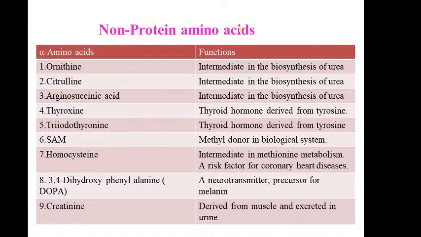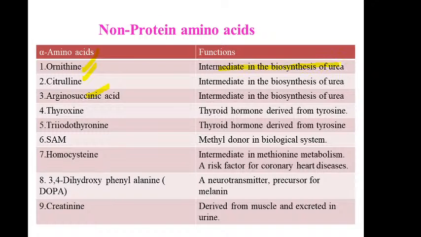So these are some non-protein amino acids which we have: ornithine, citrulline, argininosuccinic acid. These amino acids are non-protein in nature, but yes, they are very important in some biochemical reactions. So we have thyroid hormones, thyroxine, T3, T4, homocysteine, creatinine.